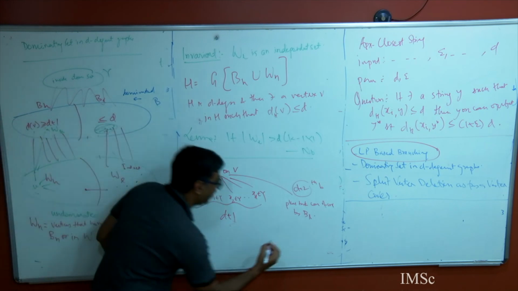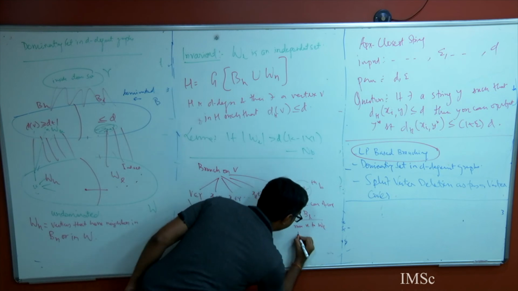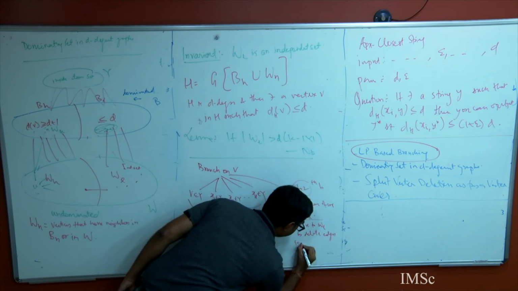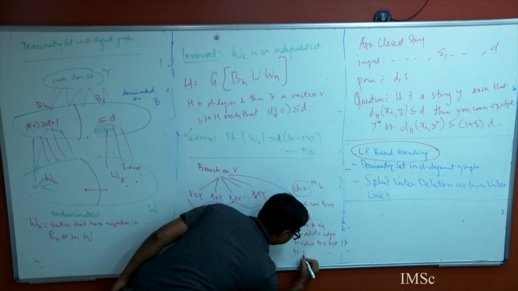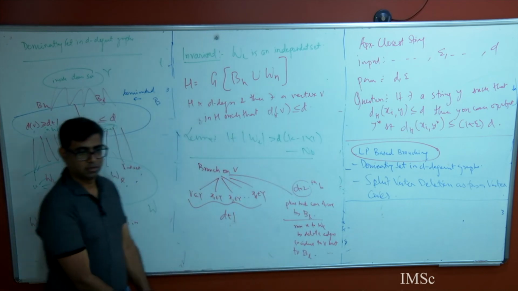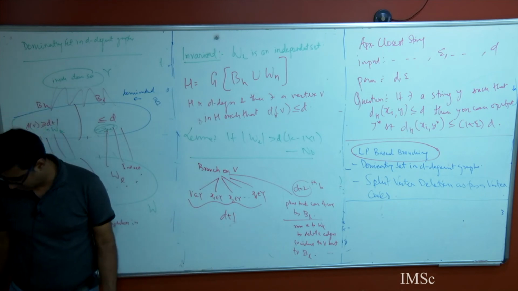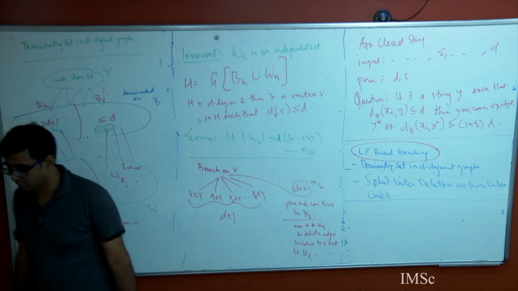Which is the same as moving V to WL by deleting all edges incident to V but to BL. So WL size has increased, right? So that then we can quantify WL. WL cannot be too many.